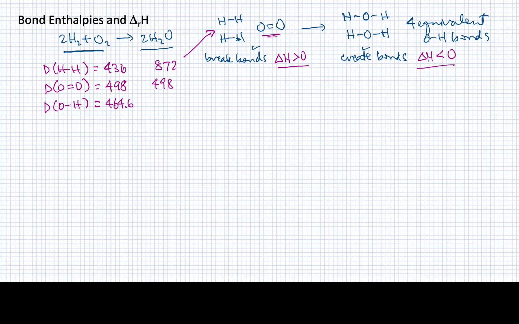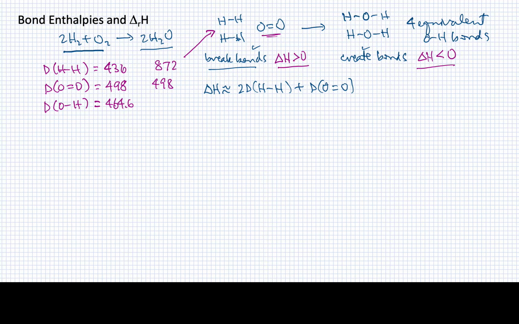So if I want to estimate the enthalpy change for this reaction, what I would do is add up the amount of energy I have to add to break the bonds. So this enthalpy change, and I'm not going to give it an equal sign, but sort of an approximate sign, is going to be the energy to break 2 hydrogen-hydrogen bonds plus the energy to break 1 oxygen-oxygen double bond.